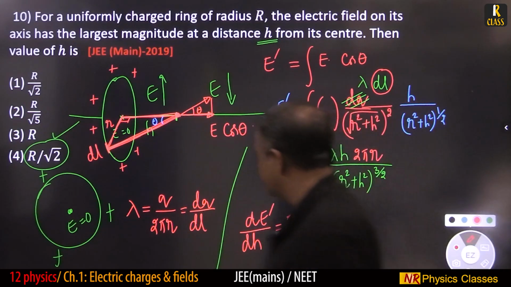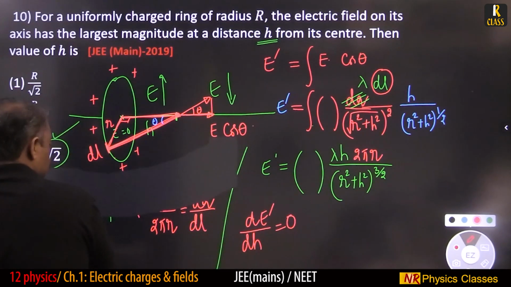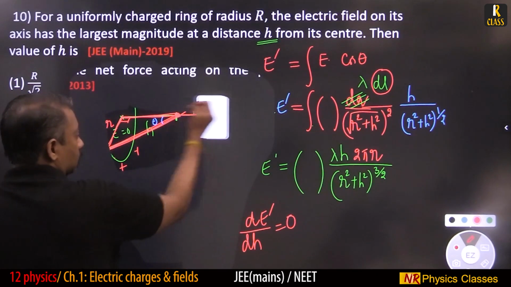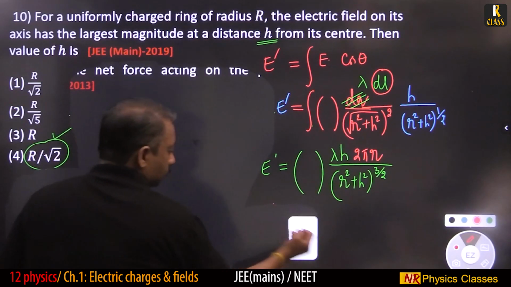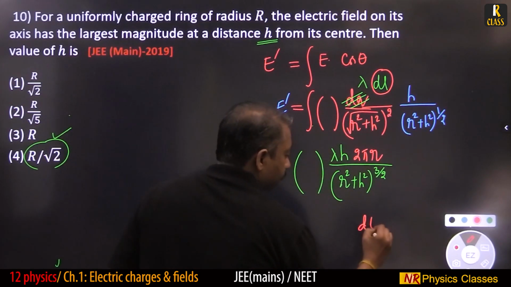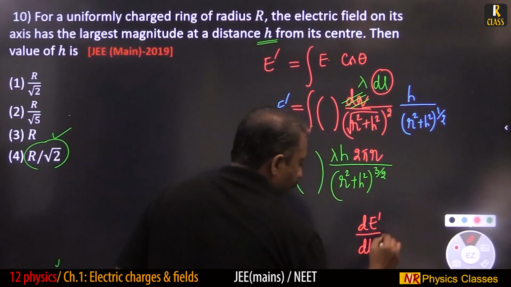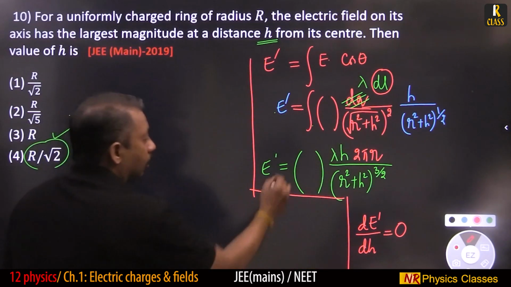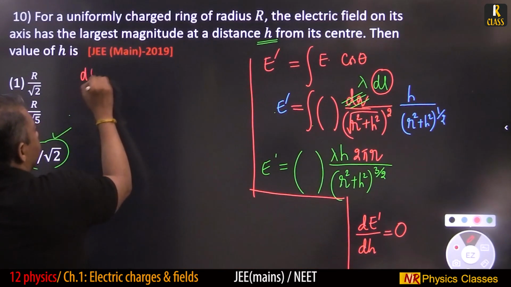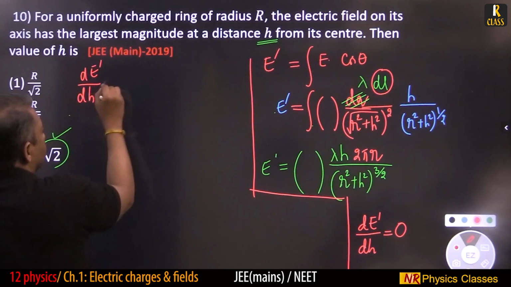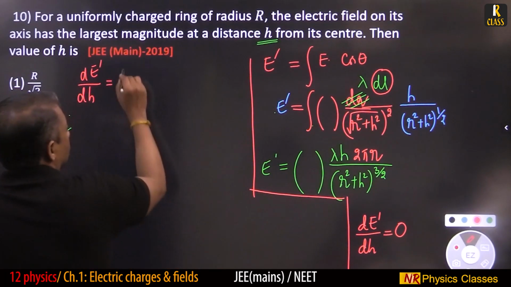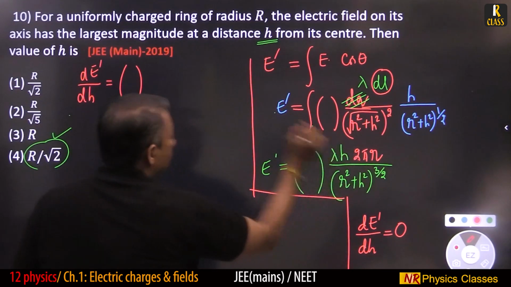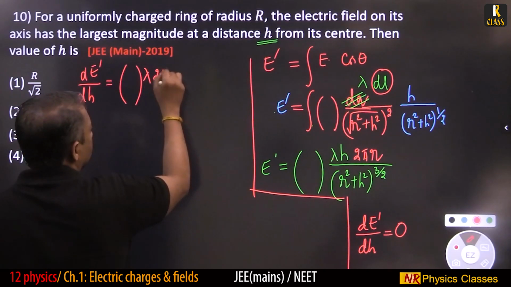Now we have to differentiate this. Differentiate with respect to h, equate it to 0.